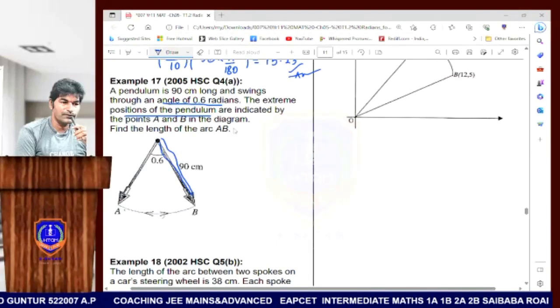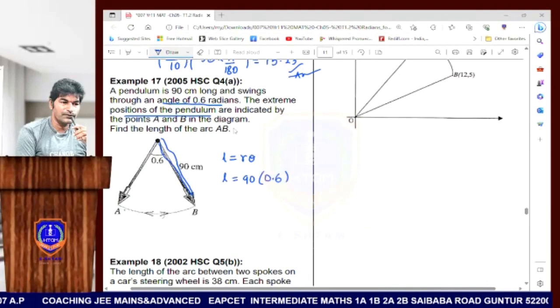Find the length of arc AB. Same formula, L equal to r theta. So L equal to r, which is 90 centimeters, into 0.6. Because it was given directly in radians, we want to finally convert into numbers, like writing pi value as 3.14. That is called conversion into radians.